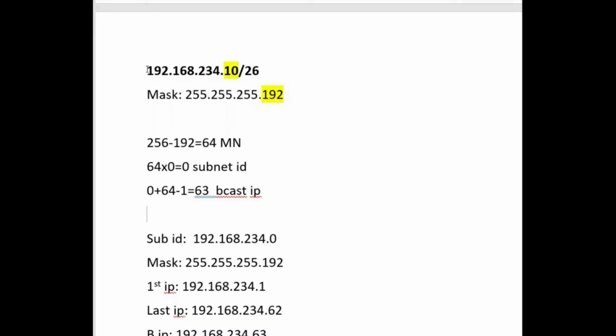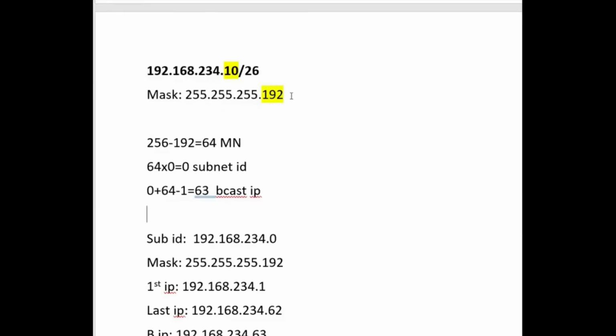So if we have our subnet ID, or any IP is given to us, and this is our mask, the first thing we need to find out is the interesting octet value. What is an interesting octet? If any subnet mask contains a number different from 0 or 255, then that octet we call the interesting octet.